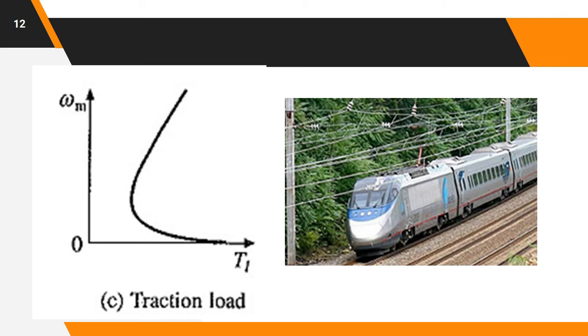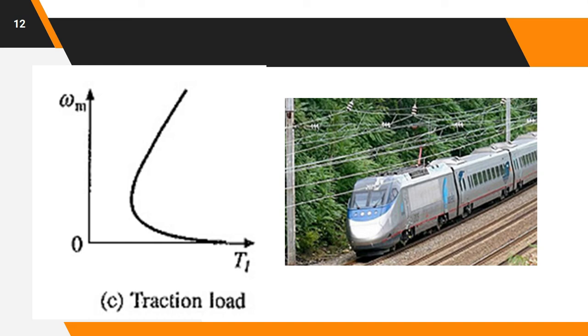Next, the traction load. The nature of the speed torque characteristic of a traction load when moving on level ground is like this. The traction load torque is a function of only speed, because we have assumed that this is level ground. But in practice, there are upward and downward slopes, and turns are present.